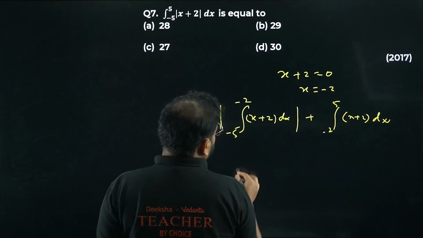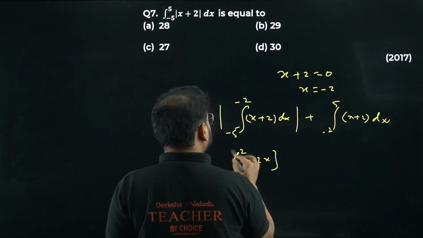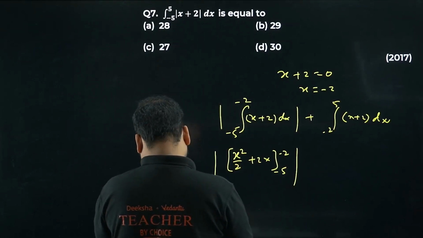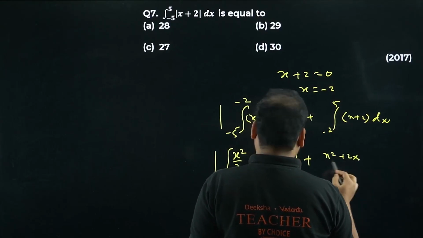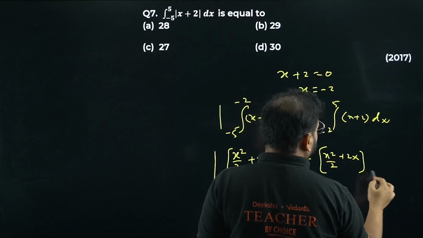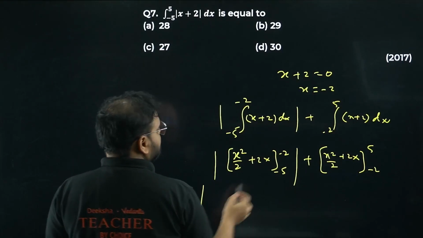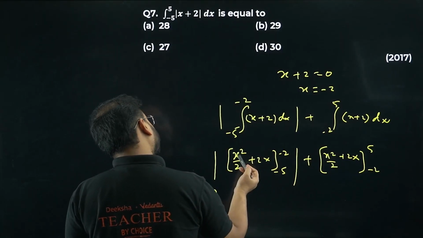Please check, you're going to get over this as x square by 2 plus 2x, from where to where, sir? From minus 5 to minus 2 in the modulus, and for this side you'll have again x square by 2 plus 2x, from where to where? Minus 2 to 5. Let's simplify this. So you'll have over here, modulus is there, of course. We're going to get 4 by 2, so 2, put upper limit, minus 2 square is 4 by 2 is 2.